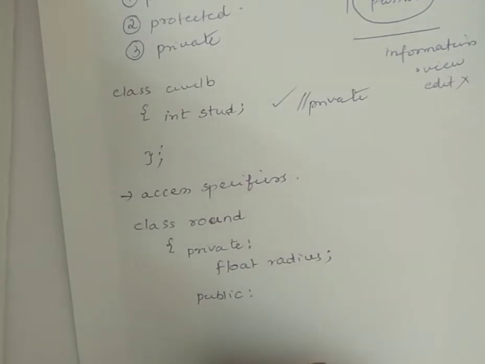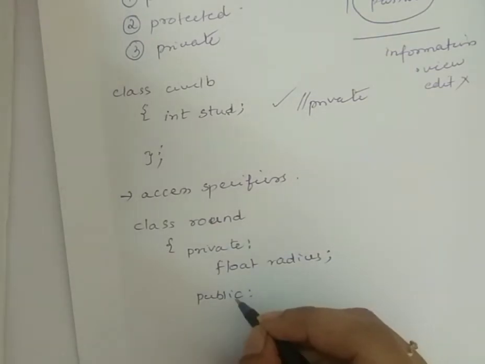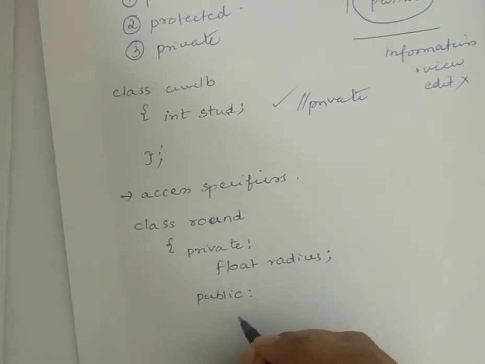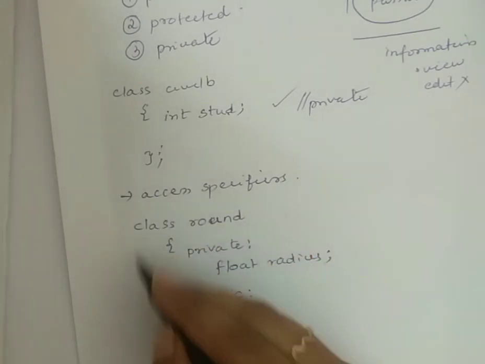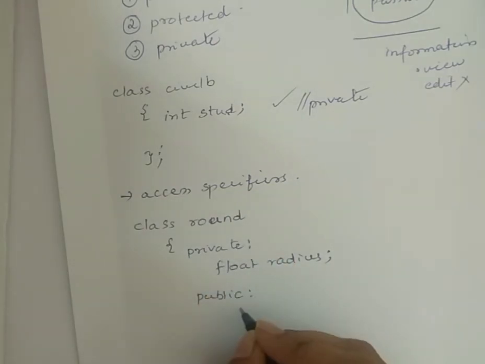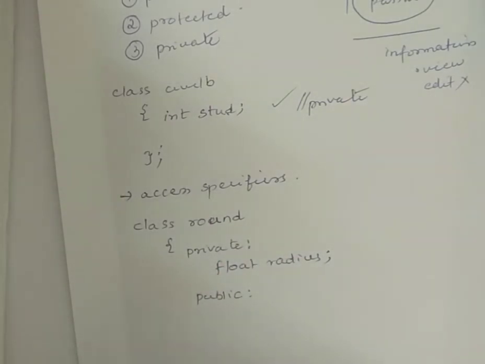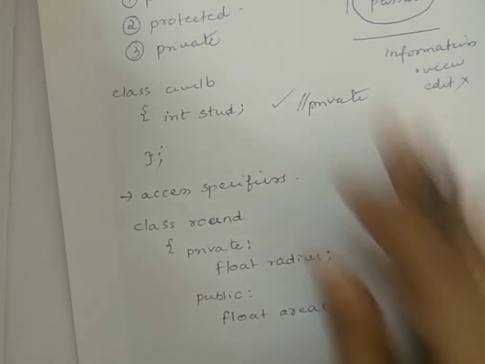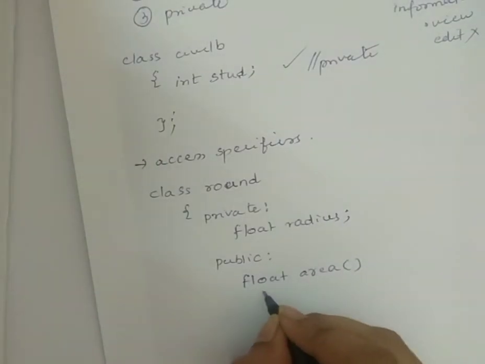Unlike the structures, I can include functions also inside the class. Suppose I need the area of this particular circle or round. So I am defining a function known as area. I am giving the return type of this area function, that is float area. This is how you define a function, isn't it? I am opening the braces.